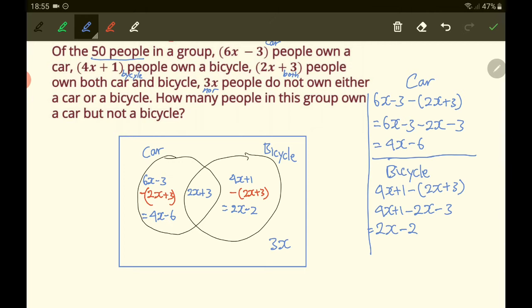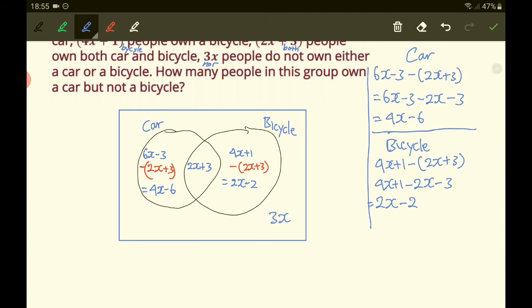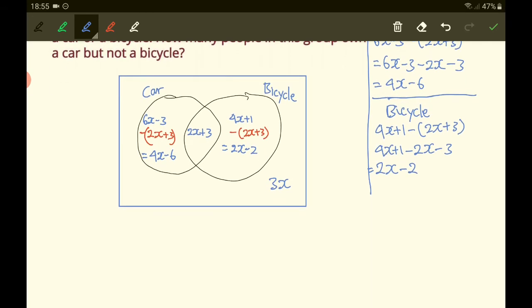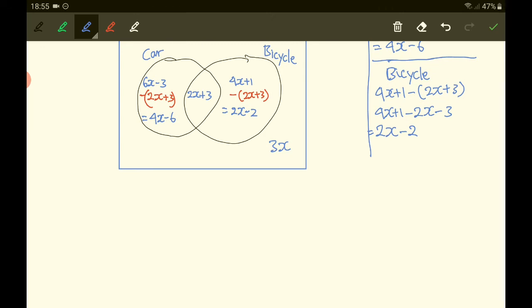Now we can add them all, because we know that the total number of people in the group is 50. So we can just sum them all. So the 50 people consist of the car owner only, which is 4x minus 6. And then plus both car and bicycle, which is 2x plus 3.